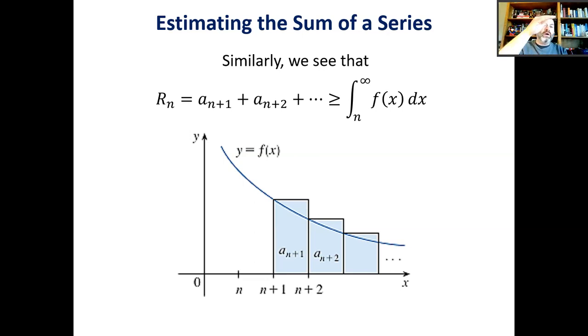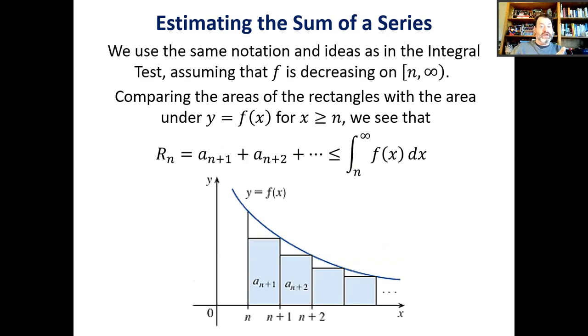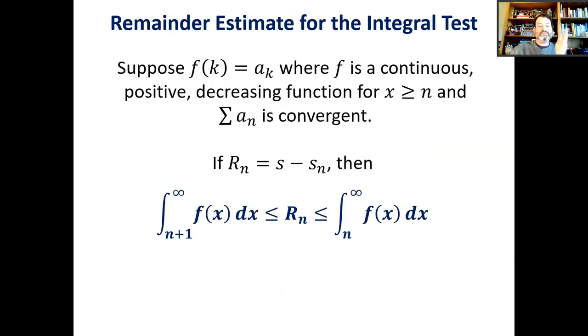So for the right endpoint approximation, all of the rectangles are below the function. For the left endpoint approximation, all the rectangles are above. So if R_n is always bigger than this and smaller than this, then we can actually pin it between these two integrals. And so this is the remainder estimate for the integral test.